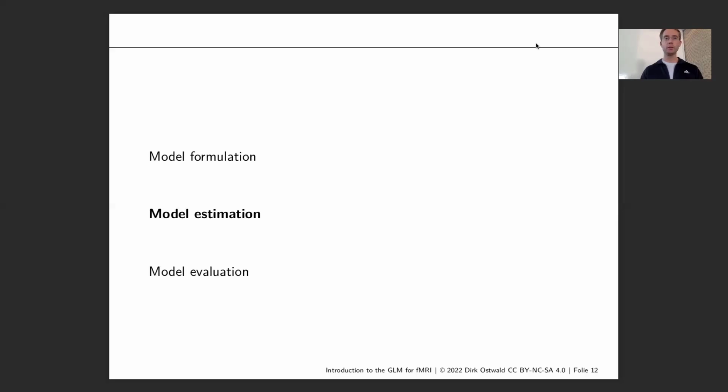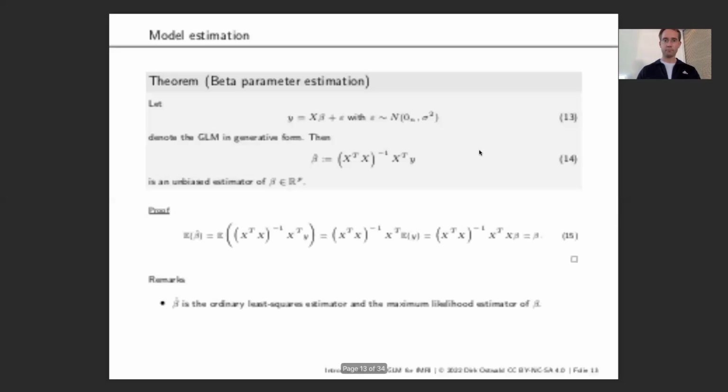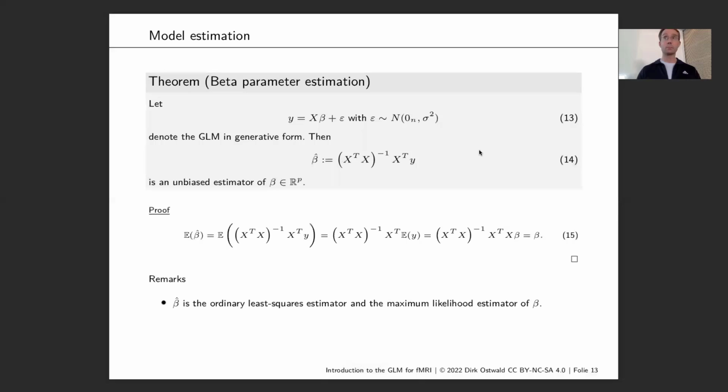finish for today with first a brief example for model estimation and estimating parameters in a GLM, and then the important aspect of model evaluation. So again, the parameter estimators always have the same form for the GLM.